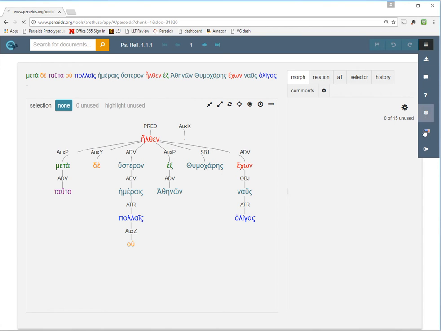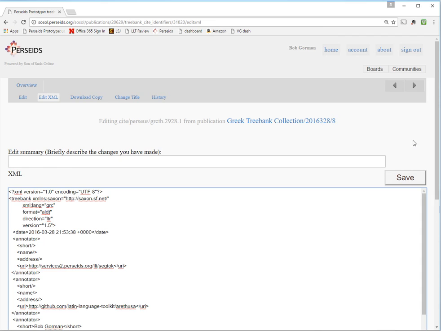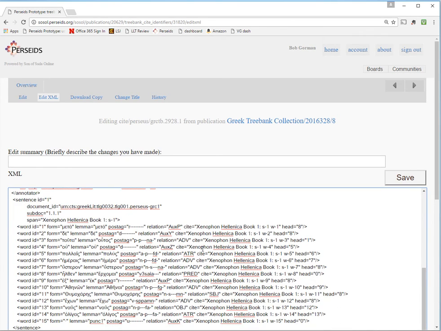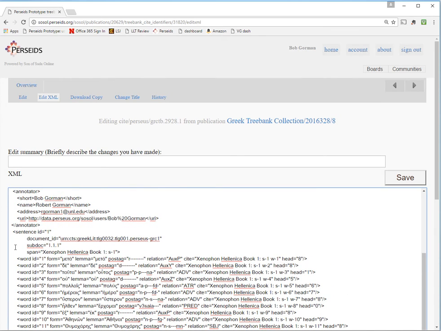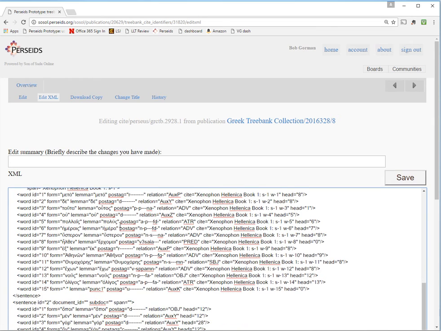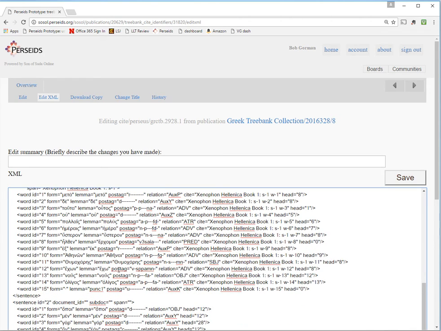What's more interesting now is to look under the hood at the XML code, and here we see the same sentence. You see sentence ID, certain metadata giving us citation information, a kind of human legible reference, Xenophon Hellenica, Book 1, Sentence 1.